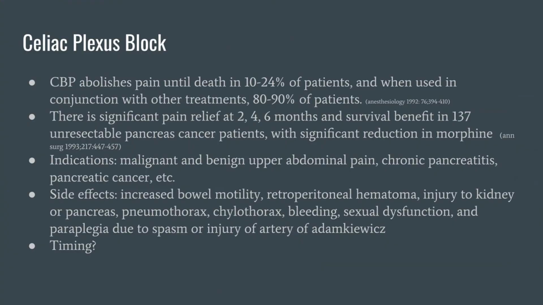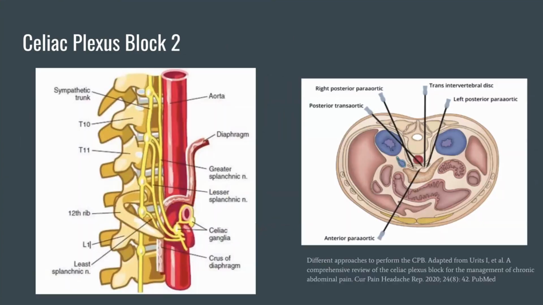But on the other hand, a late block, when somatic structures are already involved or the celiac area is distorted, might be more likely to be unsuccessful for those reasons. So the decision on when to perform this should be based on detailed information regarding the patient's condition, the aim of the treatment, such as reducing opioid consumption versus opioid adverse effects, and patient participation in the decision-making.